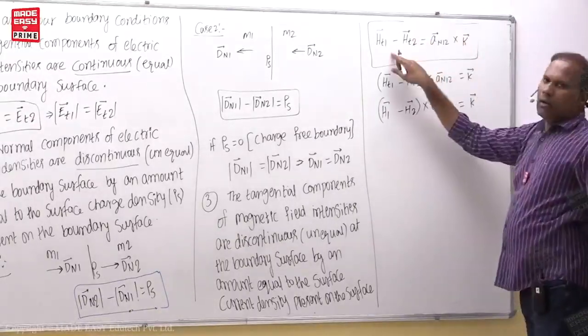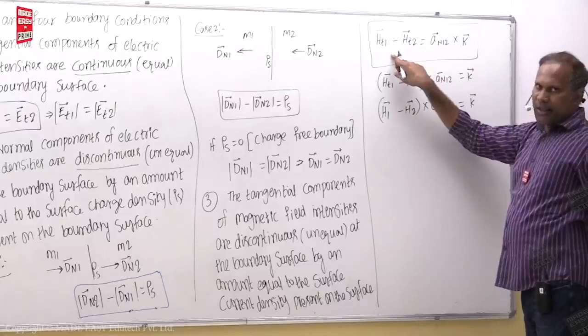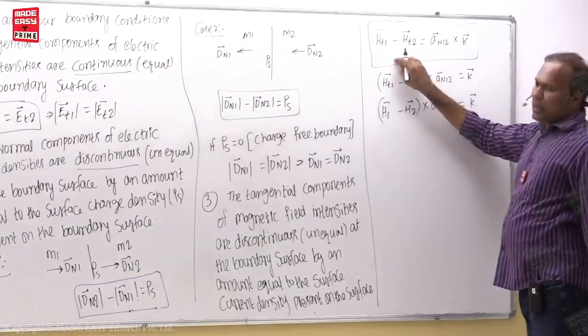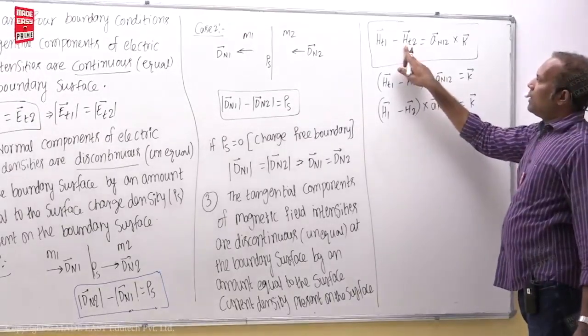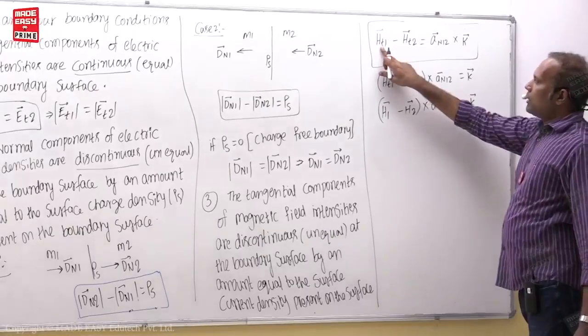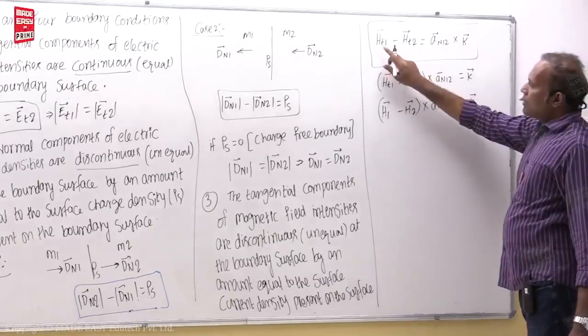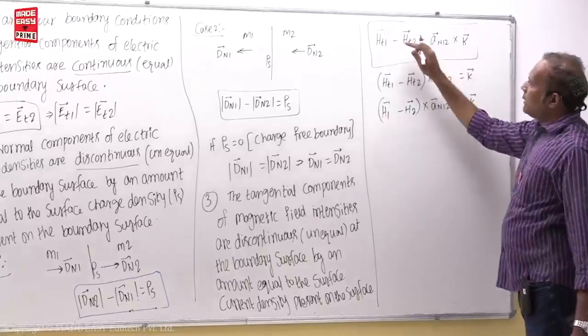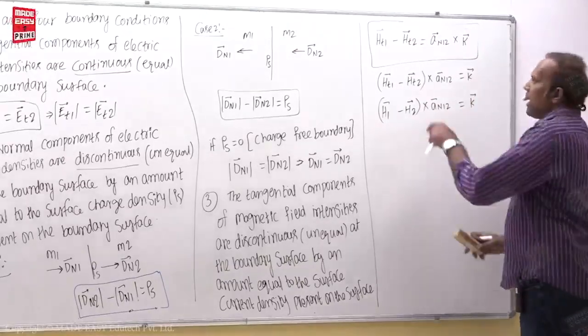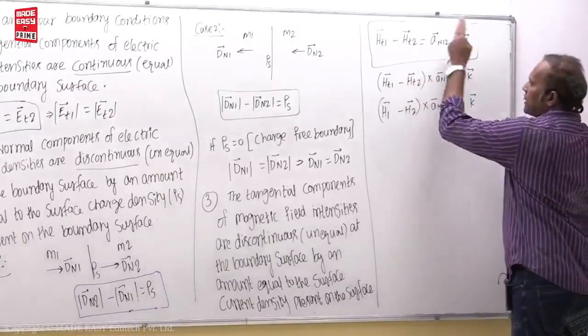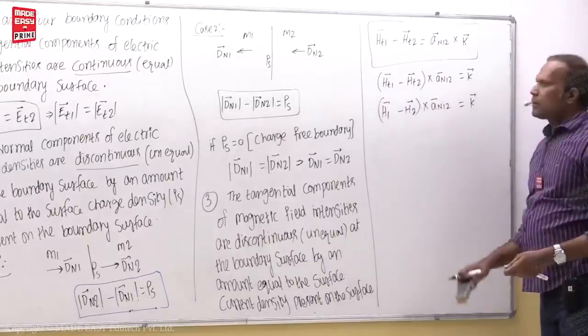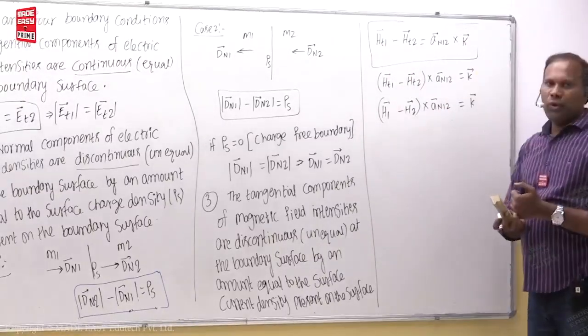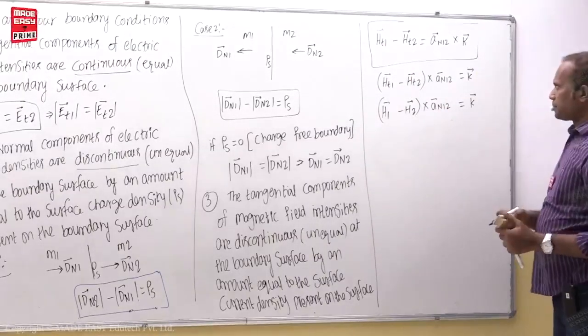But why I kept this in the box, students? This is useful in solving the questions. This is a ready-made equation. For example, you know this one, Ht1 is known. You send this side, then you can find Ht2. If Ht2 is known, you send this side, then you can find Ht1. So this equation is useful to you for examination.